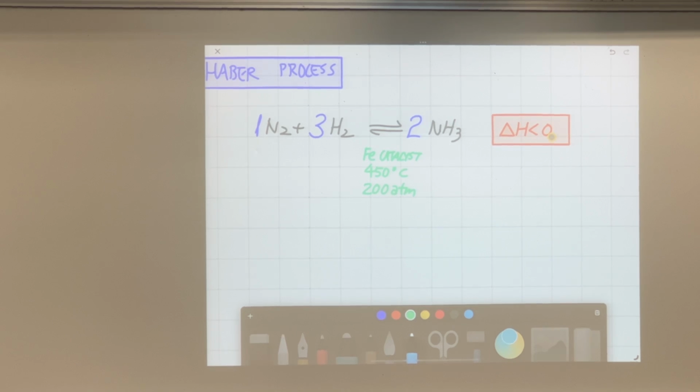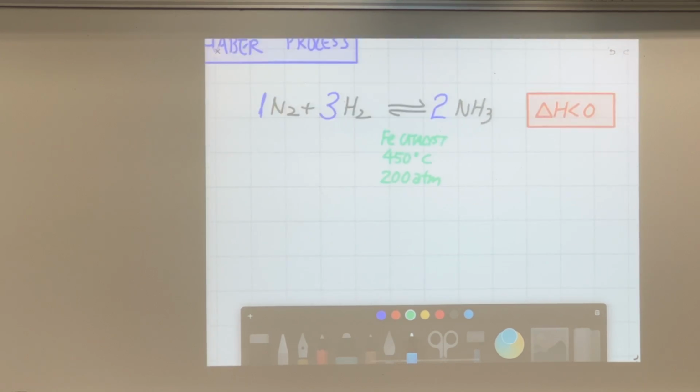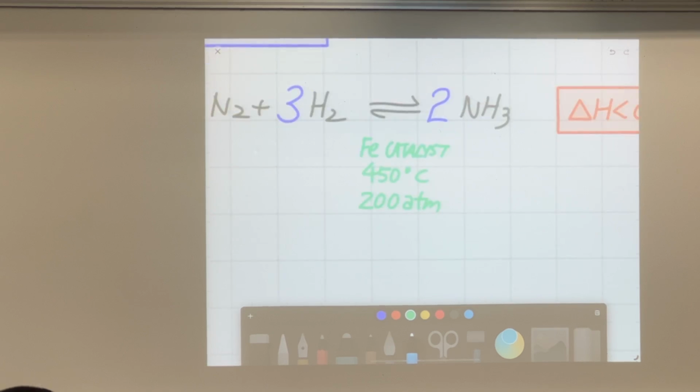But the conditions you have to memorize, and I'll put them down for you already. Under the conditions: 450 degrees C, 200 atm, and finely divided iron catalyst. Can you underline the term finely divided and explain why this is done?